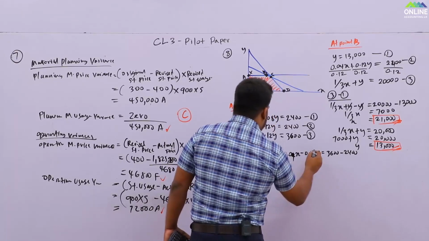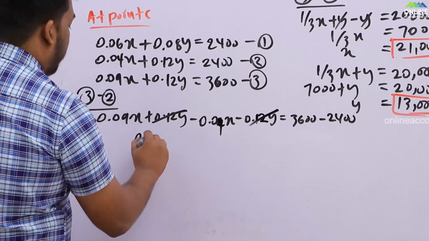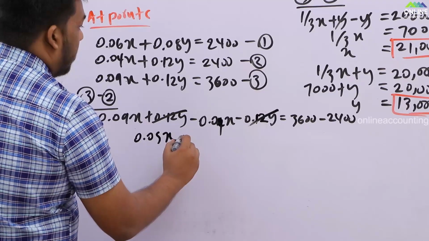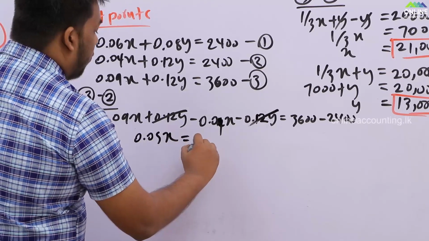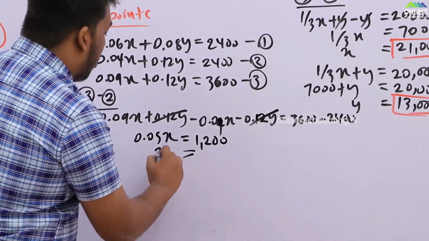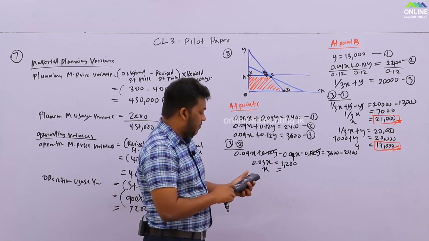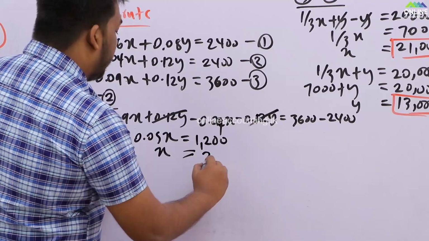Okay, done. Then this and this you can cut off. So the total here is 0.05x equals 1200. So how much is x? 1200 divided by 0.05 is 24,000.